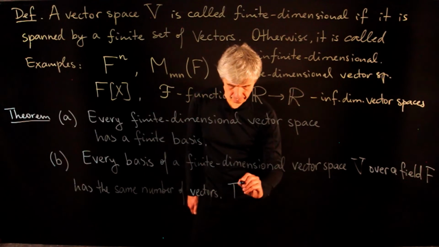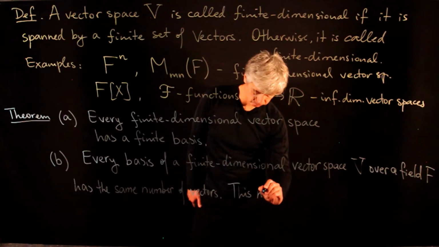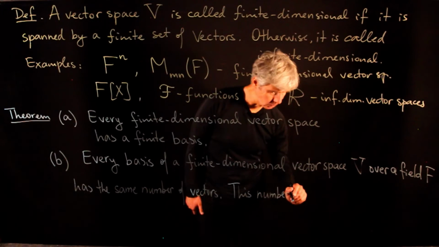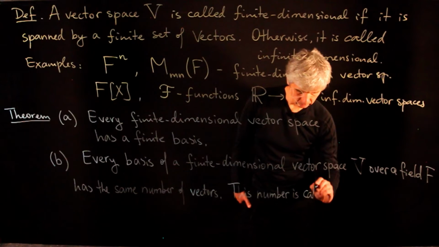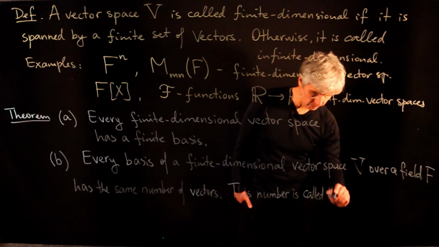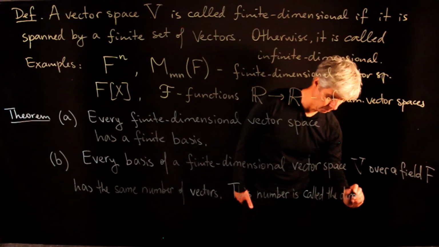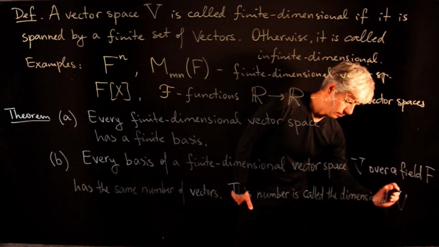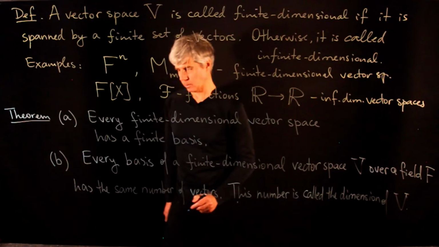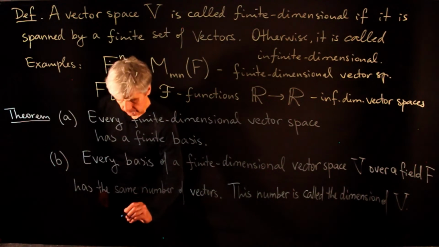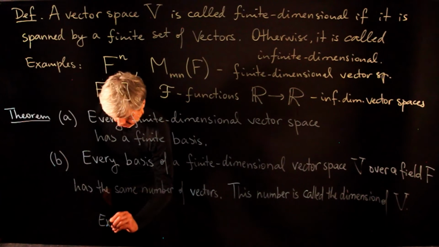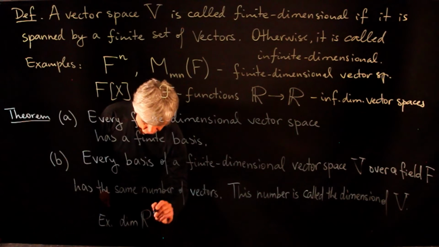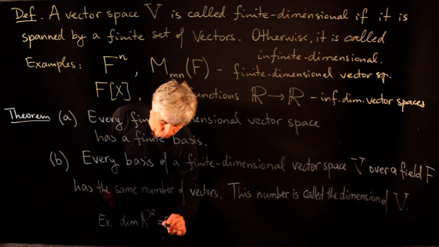This number is called the dimension of V. So for example, the dimension of R2 is equal to 2.